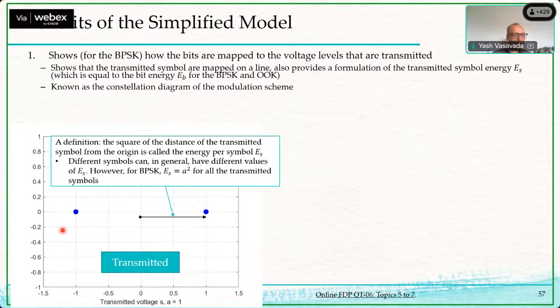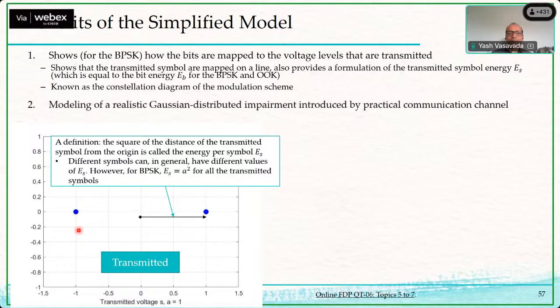The energy of the transmitted symbol is the squared radius of this symbol points, or what are known as constellation points. So for BPSK, the energy per symbol is taken as being proportionate to A squared, because individually these symbols are at +A and -A.